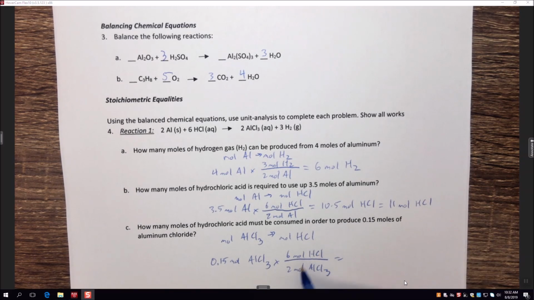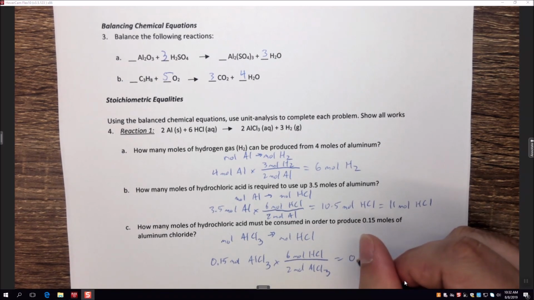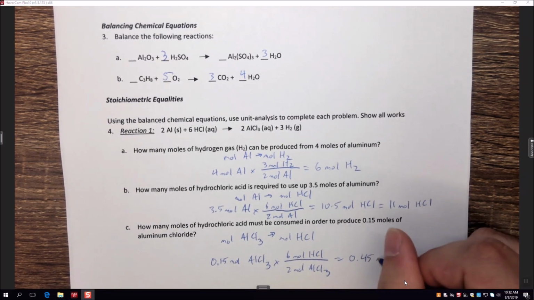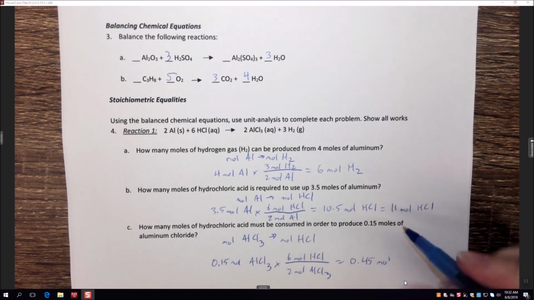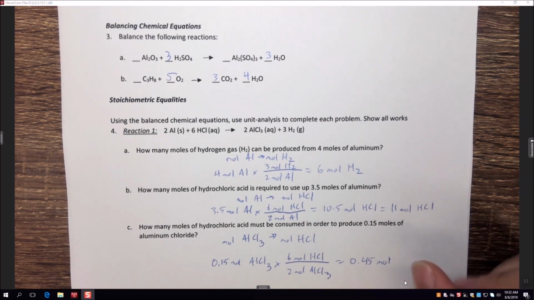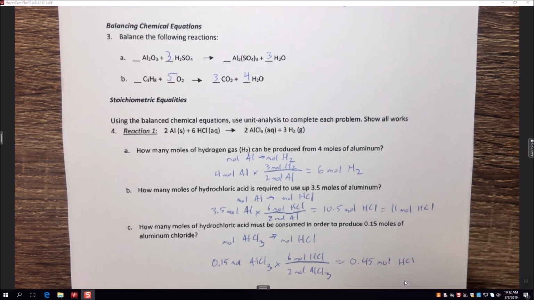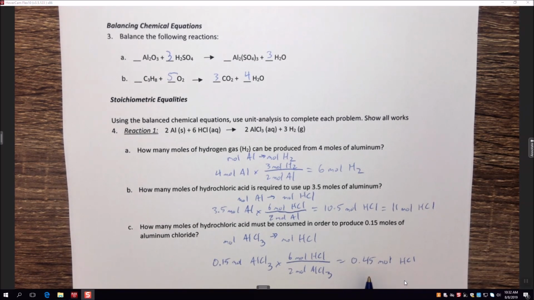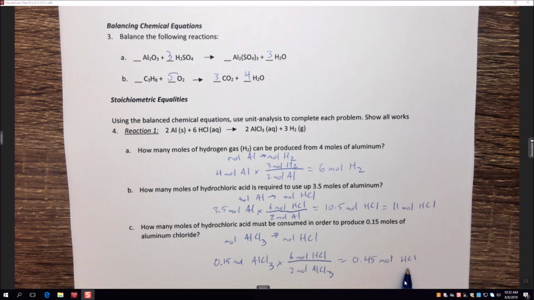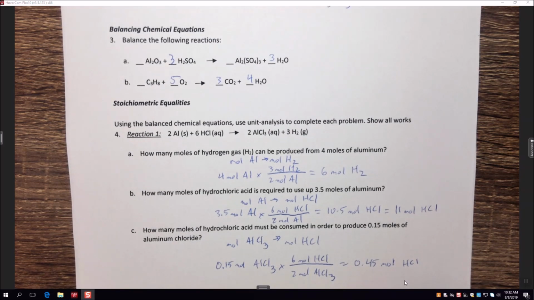We multiply by the top, we divide by the bottom, and we find that every 0.15 moles of AlCl3 we want to produce requires us to use 0.45 moles of HCl. So in a lab, if we knew we needed a certain amount of a product like aluminum chloride, we know, thanks to this stoichiometry, that we would have to use at least 0.45 moles of HCl in our reaction in order to get the amount of product we wanted.